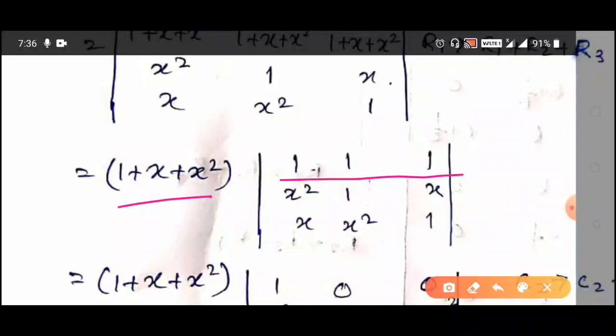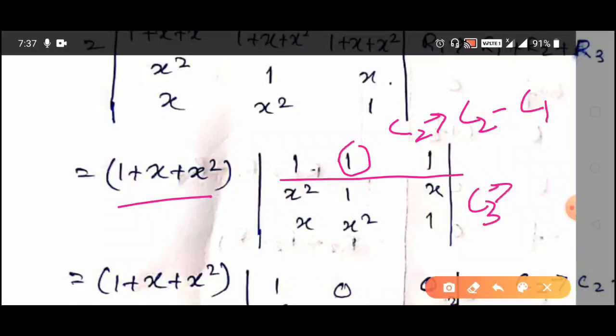So for that we can transform column 2 by column 2 minus column 1. If you do like that, then in place of this 1 you will get 0. And we can again do column 3 replaced by column 3 minus column 1. Then also in place of this 1 you will get 0.